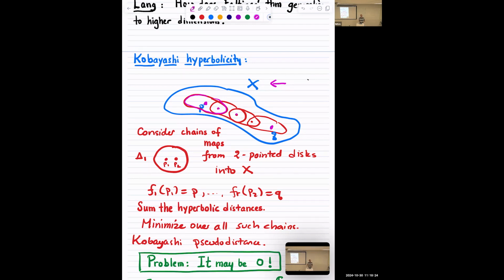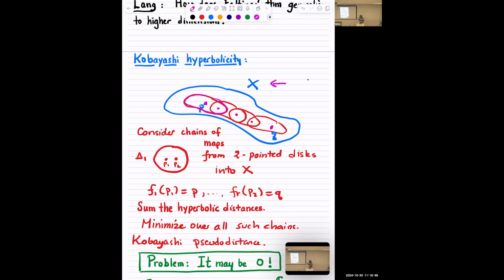You take a chain like this that goes from P to Q, and you sum the hyperbolic distances between the 2 points, and that gives you some sort of distance between those 2 points. Then, of course, you take the minimum possible over all such chains of disks. You can think of this as the Kobayashi hyperbolic distance.